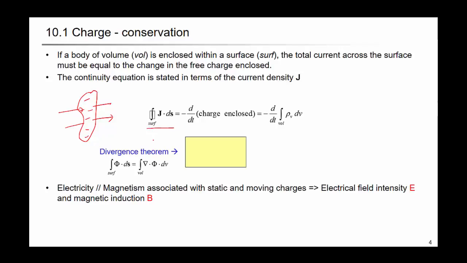And using the divergence theorem, we can convert this surface integral into a volume integral, so the divergence of the current density dV. And then we can cancel the volumetric integral, and then only this remains. Right? That's why the minus sign on the right side is not in the divergence. Here.